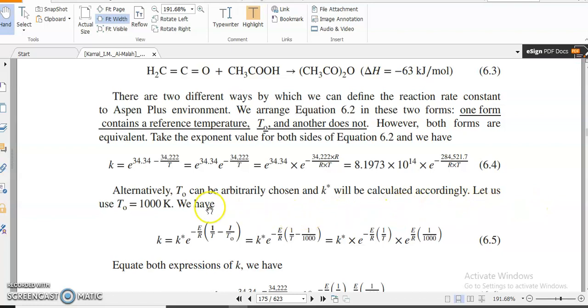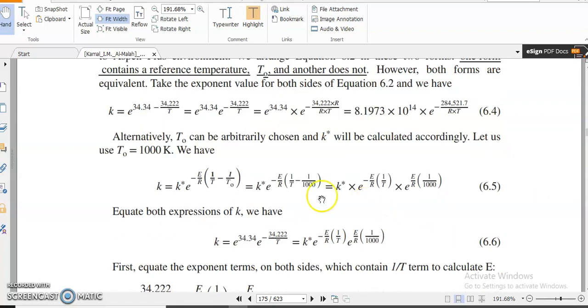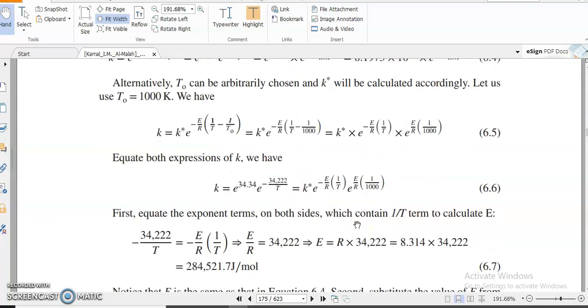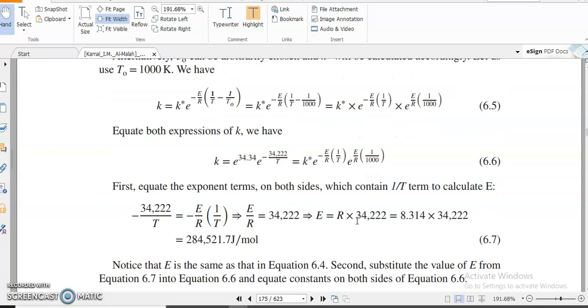So let's take the initial T value equal to 1000 Kelvin, and then we can replace T naught and calculate the K value, and the K value can also be calculated from this equation.